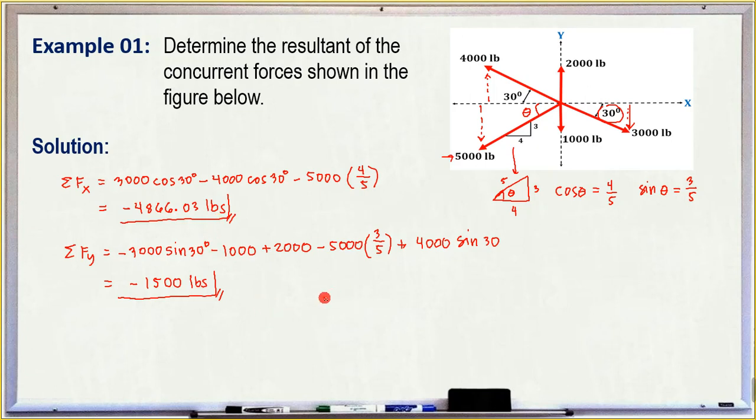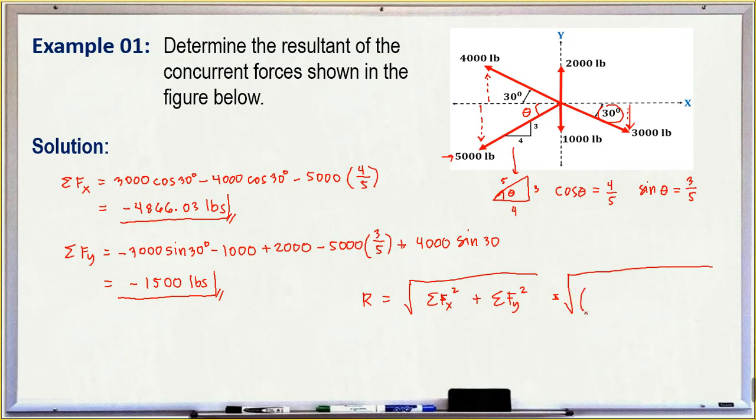So, to solve for the resultant, use the Pythagorean theorem. The resultant R equals the square root of the sum of the squares of the components, so summation of Fx squared plus summation of Fy squared.